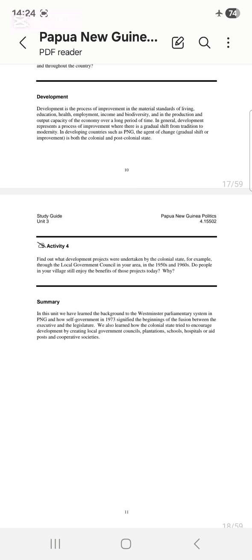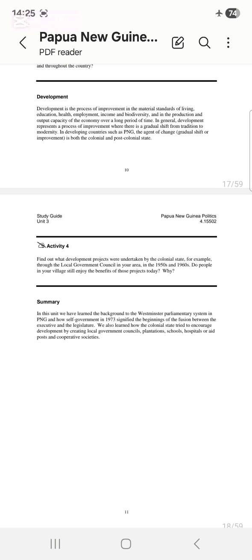So, development in material standard. You are wearing clothes right now and sitting here. That means we have achieved some form of development in material standard. The clothes you are wearing are made of certain materials. If you were coming in with a grass skirt, that means you are at stage 1 of development.